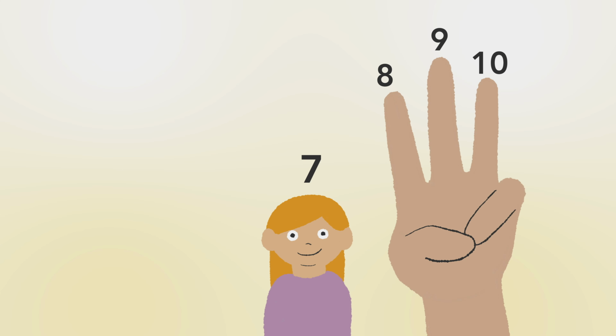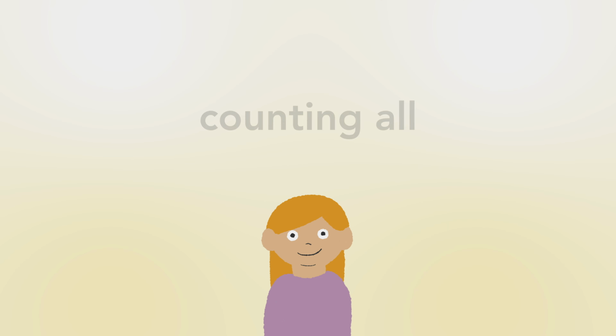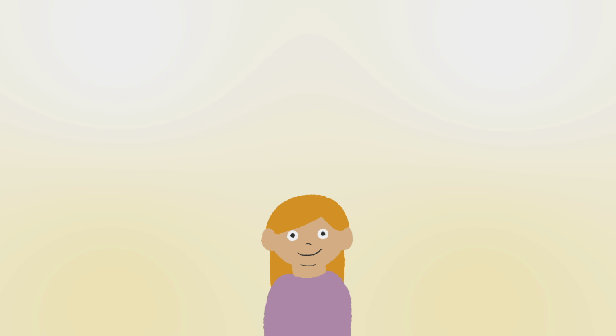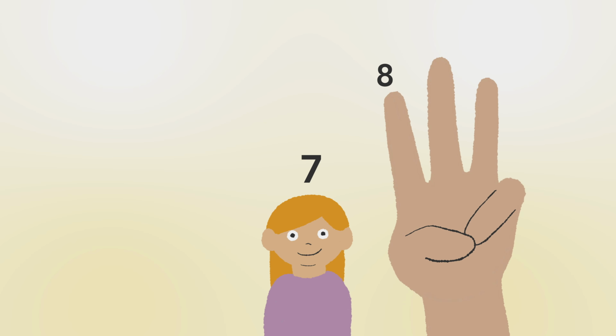There are 10 now. This is no longer a counting all strategy because the children did not bother to count the initial amount. They just knew or understood that there were 7 in the initial set and were able to count up from there. This counting on strategy is a landmark achievement.